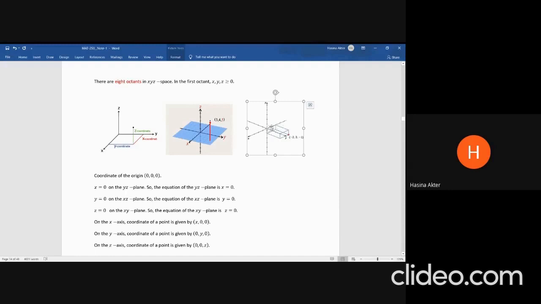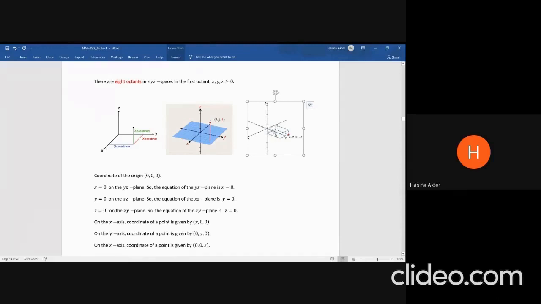So look at the location. It goes 2 units on the x-axis, 2 units away from the origin. That means x should be, since it's behind this plane, negative, and the distance is 2, so x value is -2.